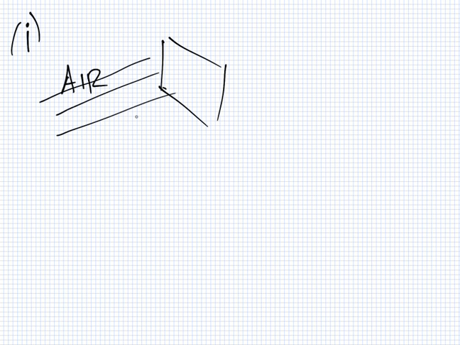Okay, so I'll draw what they're talking about. Here you have your sign, and here you have some air that hits it. They want to know in 1 second how much air hits the sign. How fast is the air going?